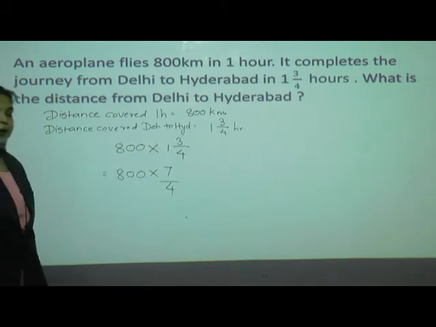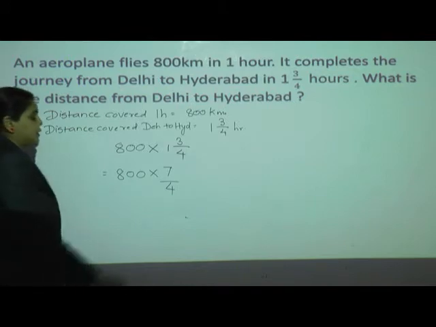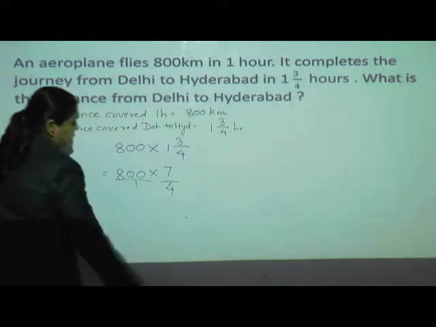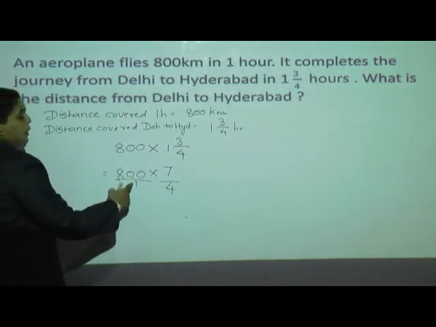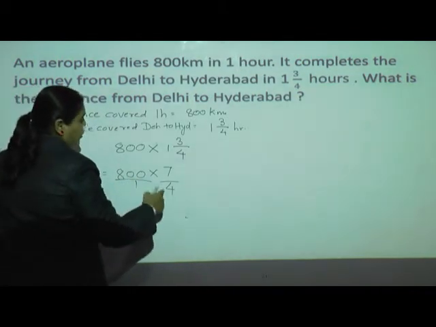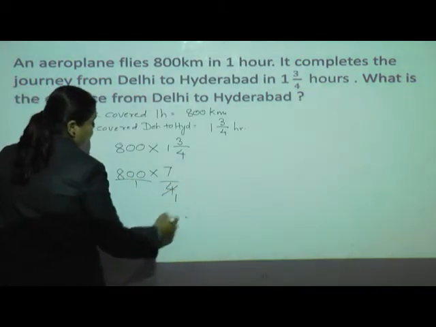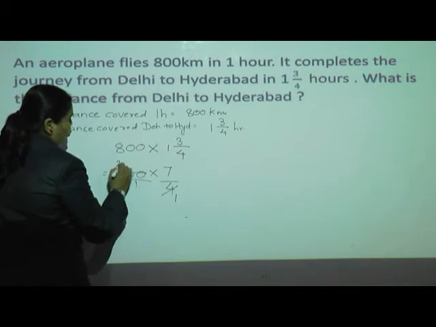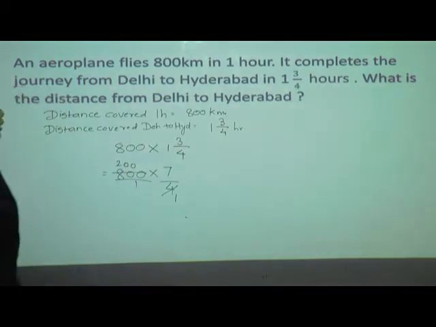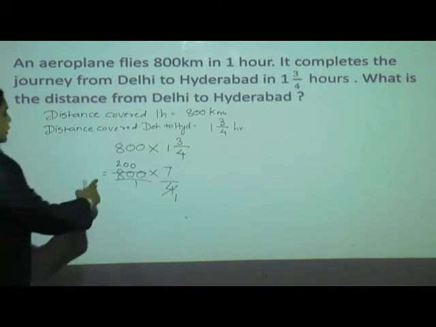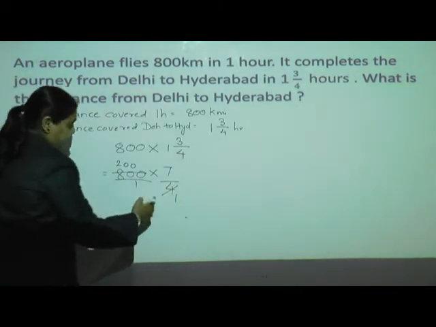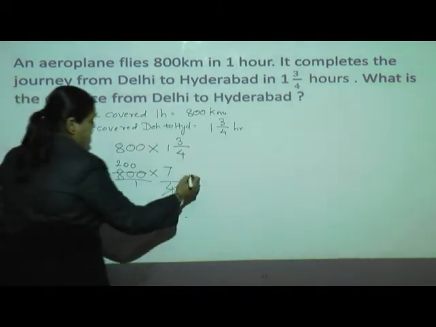Now the second step is, if it is possible to reduce, we have to reduce it to the lowest form. Here it is possible. 800 is nothing but 800 with a 1 in the denominator. Here we can cancel: 4 1s are 4, 4 2s are 8, 0s are 0, so it will be 200. Now we don't have anything in the denominator, so we can go directly.